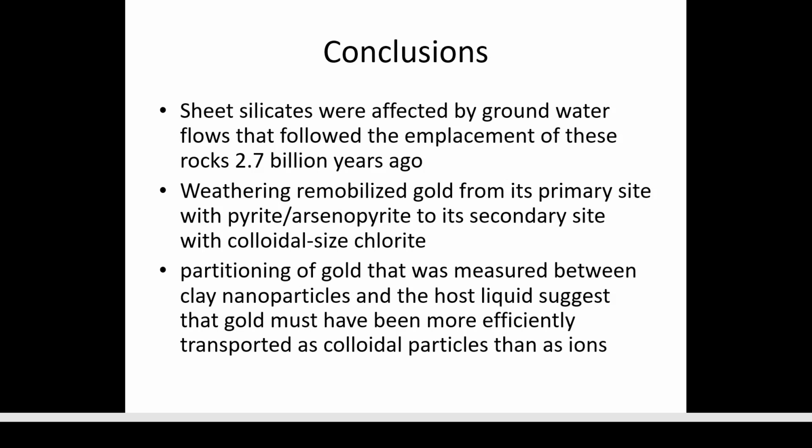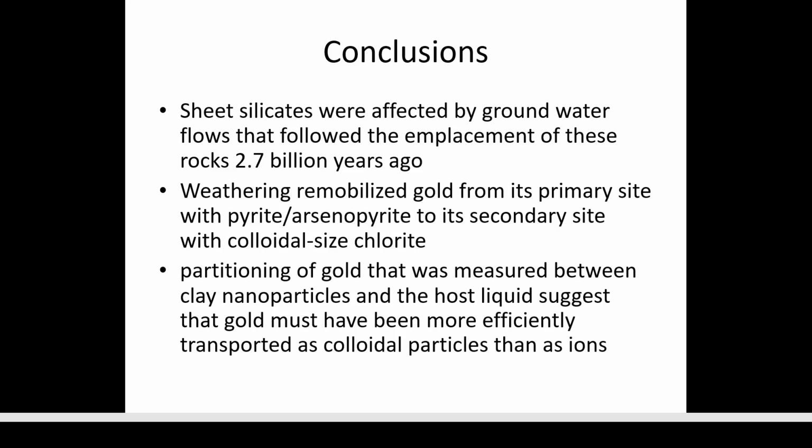So, conclusions: by looking at the different size fractions and the different analyses, we can determine that sheet silicates are effectively remobilized by groundwaters that follow the emplacement of the original gold. This remobilization takes the gold away from its primary site in the arsenopyrite and pyrite and can transport it to a secondary site, which is in colloidal sized chlorite.